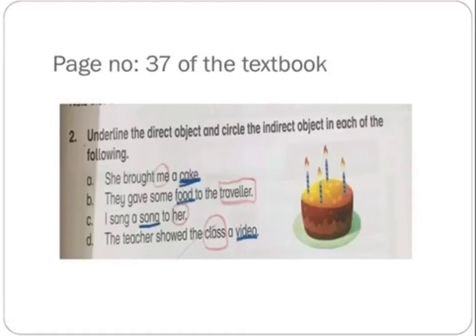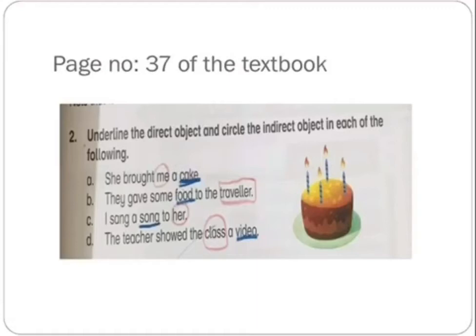To whom did she bring the cake? Me. So brought is the verb, cake is the direct object, and me is relating the action to the object. So that's why it is the indirect object.